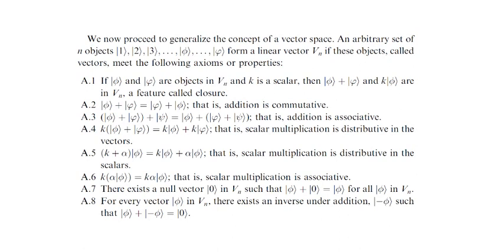Similarly, you take a vector, multiply it with a scalar, and get a new vector. If that new vector is also a member of Vn, then we say that the vector space is closed under addition as well as multiplication with a scalar.